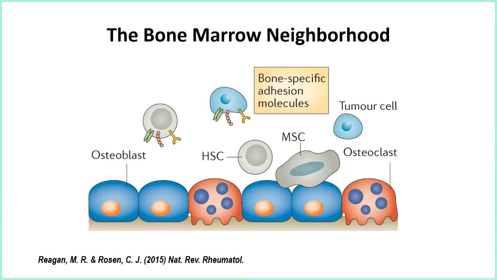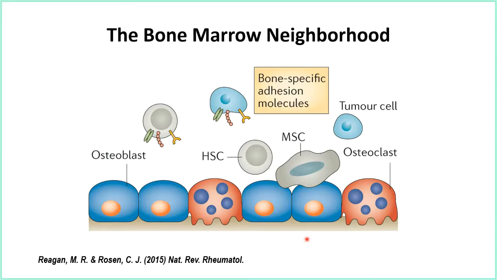So our work has always been focused on cell adhesion within the bone microenvironment, and here is a very simplified but important picture of the bone marrow neighborhood, essentially. And let me pick up my laser pointer here.